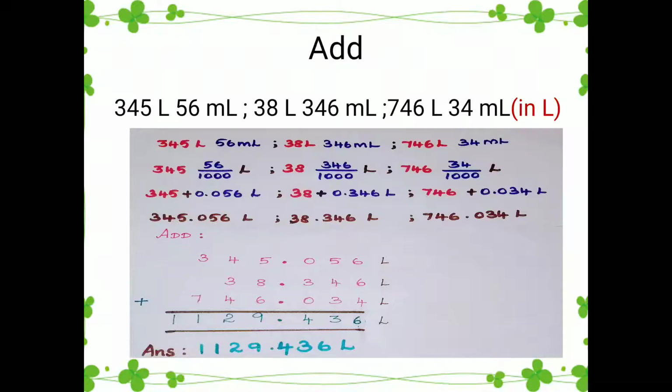Then you know how to divide. So here 345 plus 0.056 liter. When you divide 56 by 1000, you will get 0.056 liter. How? In 1000 you have 3 zeros. So in the numerator you should leave 3 digits from the ones place and keep the decimal point before that.